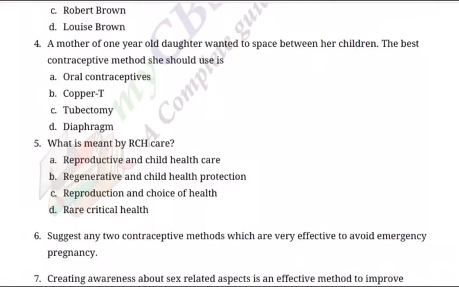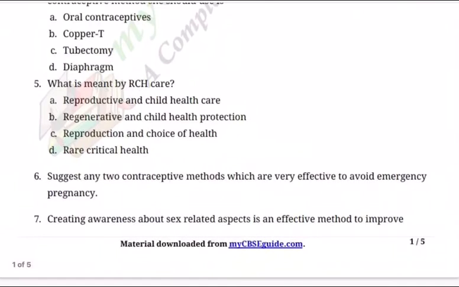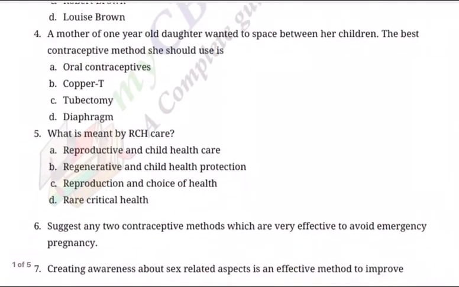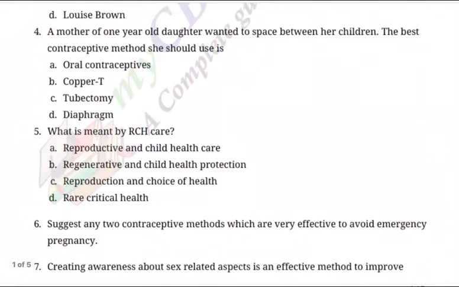Reproductive and child health care, regenerative and child health protection, reproduction and choice of health, and rare critical health. Question 6. Suggest any 2 contraceptive methods which are very effective to avoid emergency pregnancy.